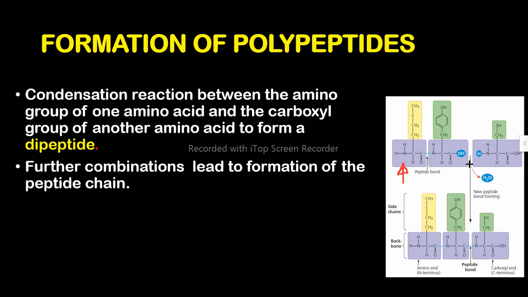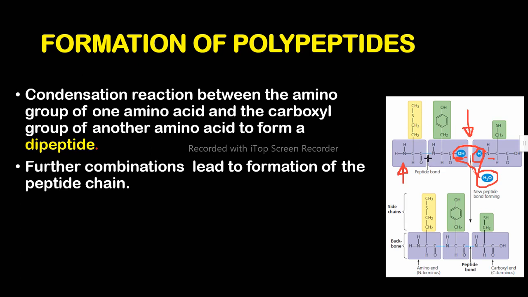Maybe before this, let's have a look at this. So one of the H on the amino group will condense with the OH, whereby it will go away and form a water molecule. So the bond that is formed is a peptide bond.